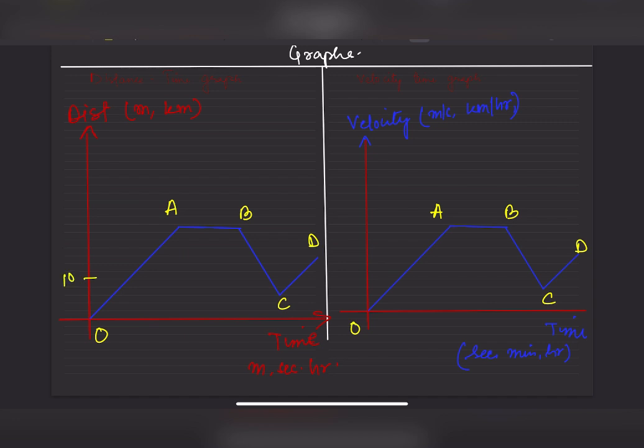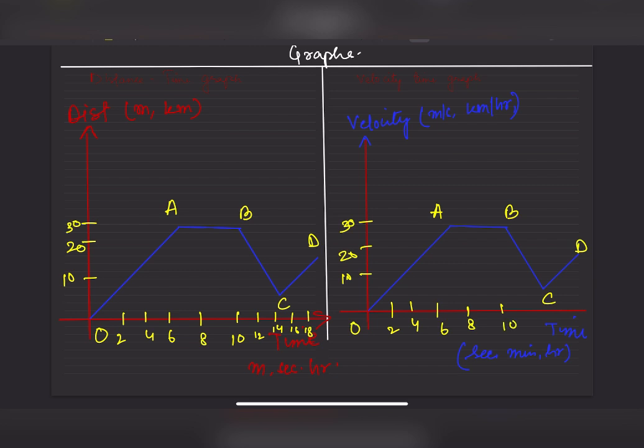Let me write down 10, 20, 30 and time 2, 4, 6, 8, 10, 12, 14, 16, 18. Here also let me write the same.